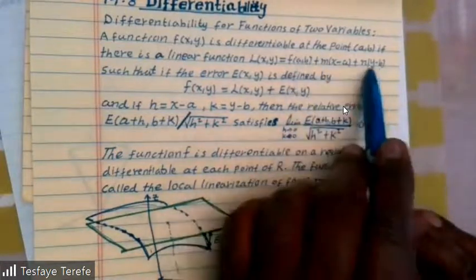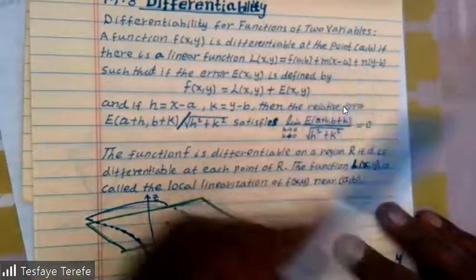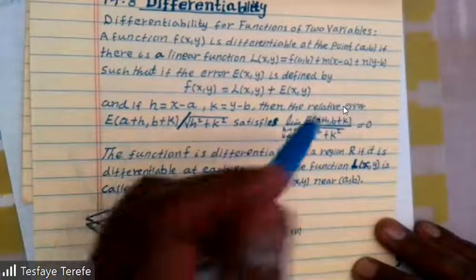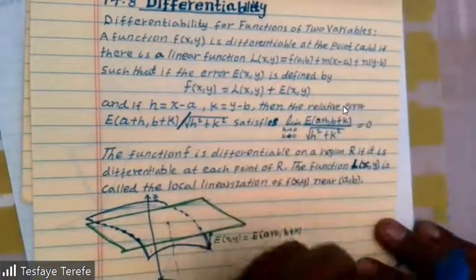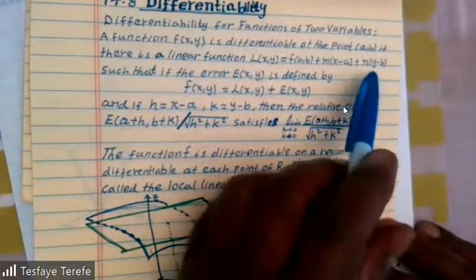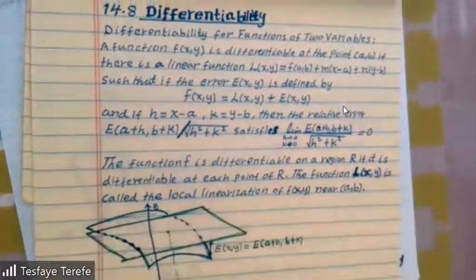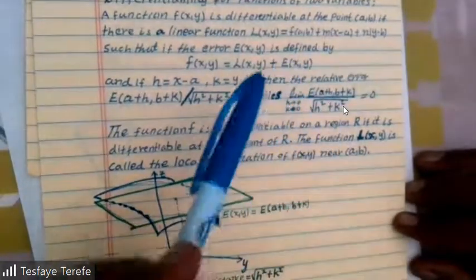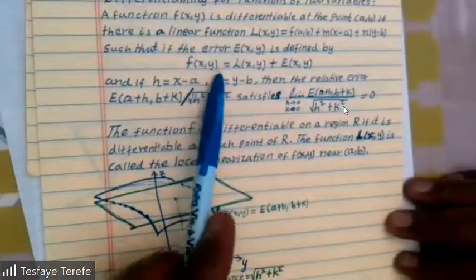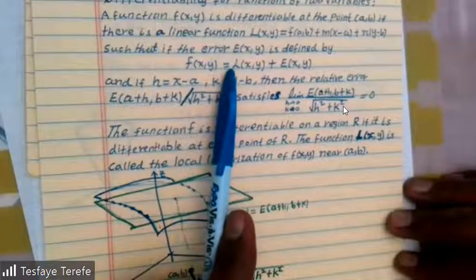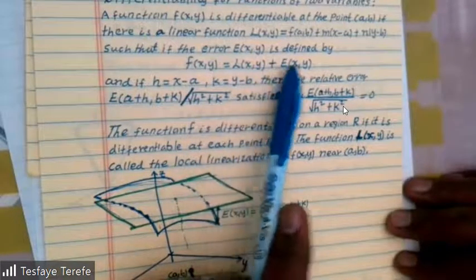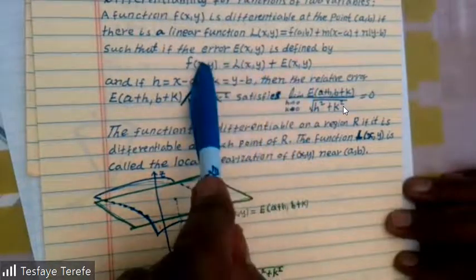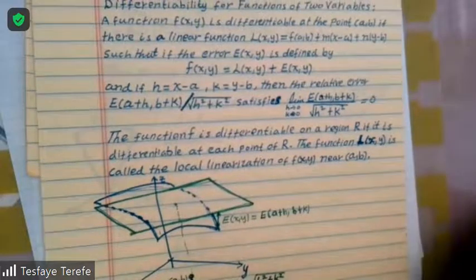If you remember, we wrote the linearization at the very beginning when we learned the rate of change of z in the direction of x, which is m, and the rate of change of z in the direction of y, which is n. So we are bringing it all together. Since L is approximating, f of (x, y) is equal to L of (x, y) plus the error. The error is the difference between the function value and the linearization.